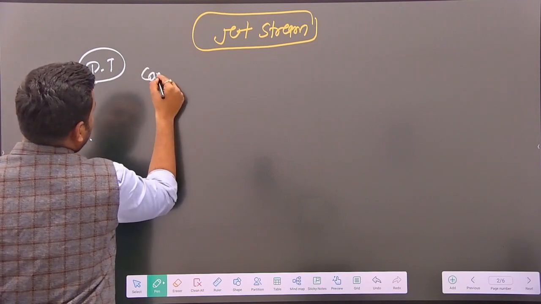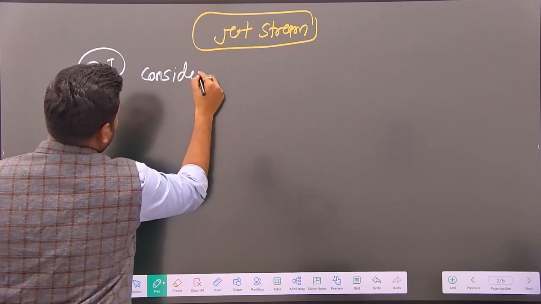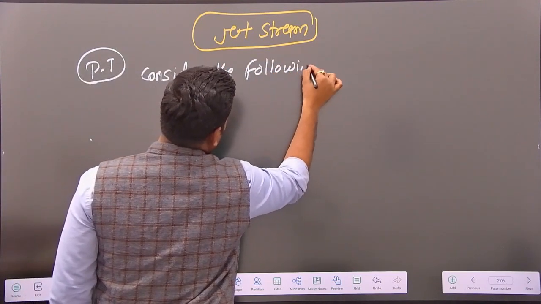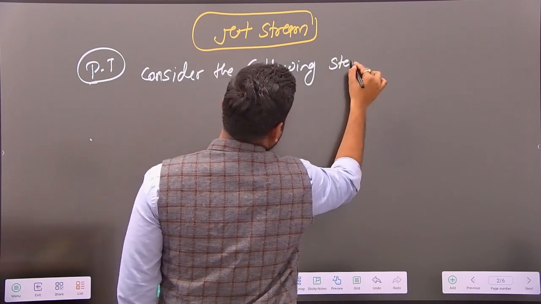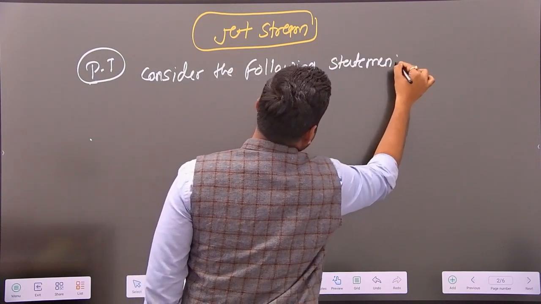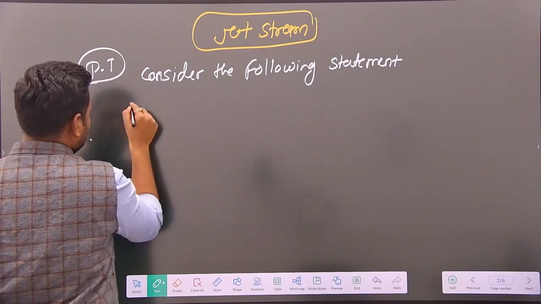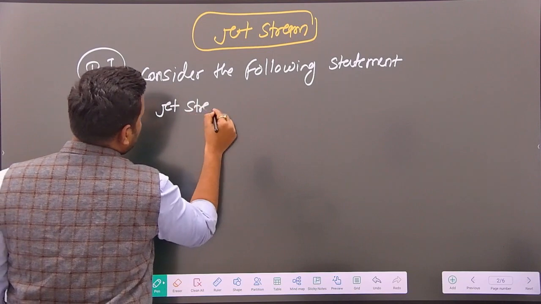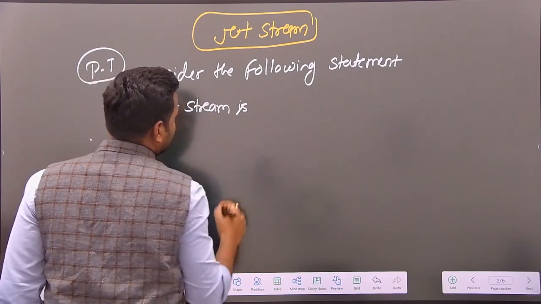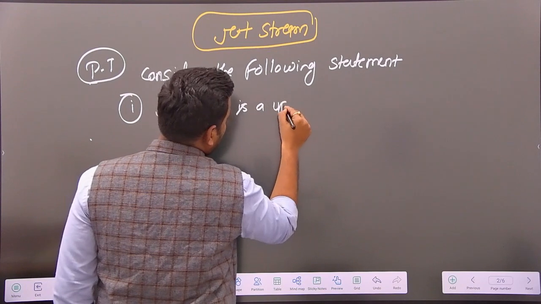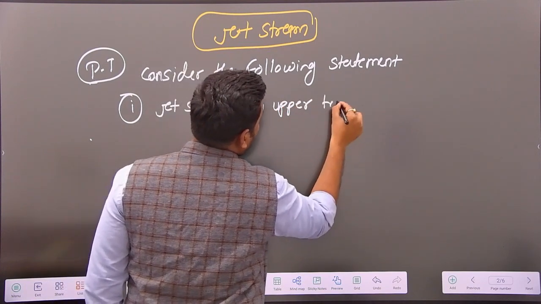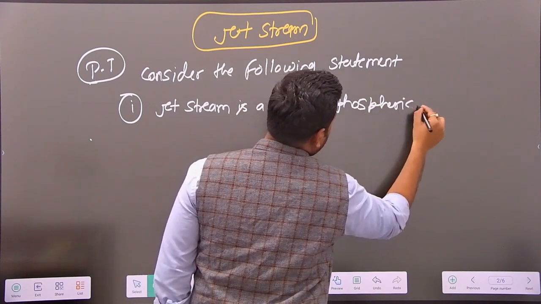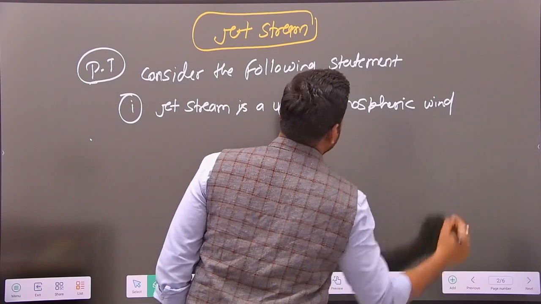Consider the following statements. First statement is, jet stream is an upper tropospheric wind.